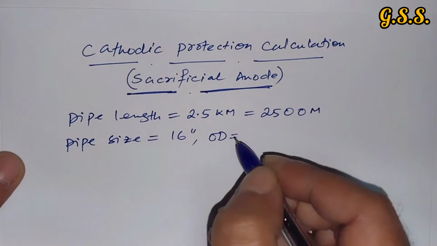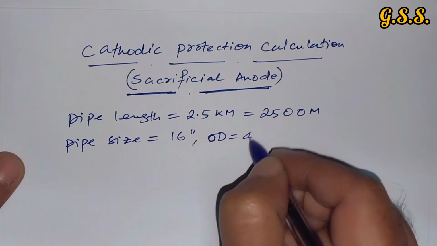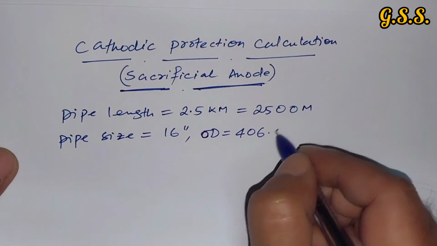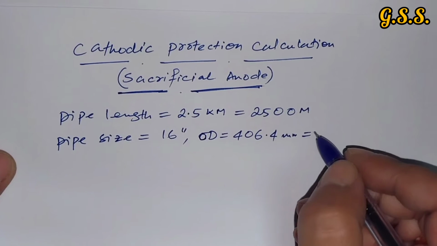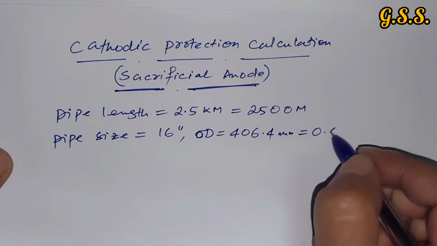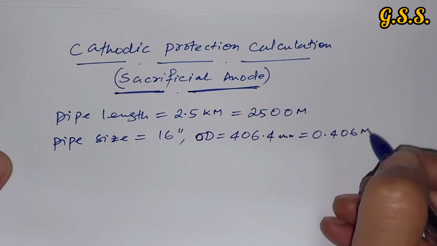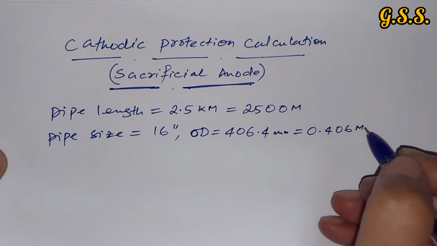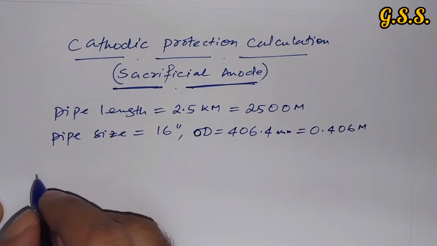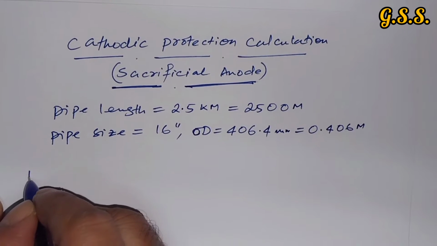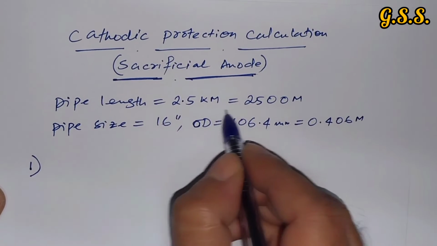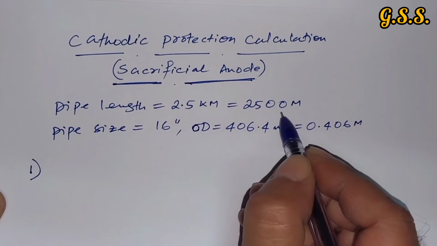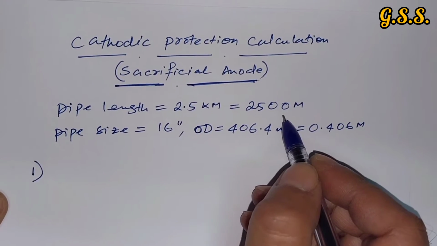OD equals 406.4 mm equals 0.406 meter. Now first we have to calculate the surface area of this entire 2.5 kilometer long UG pipeline.